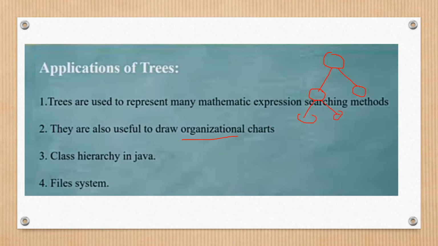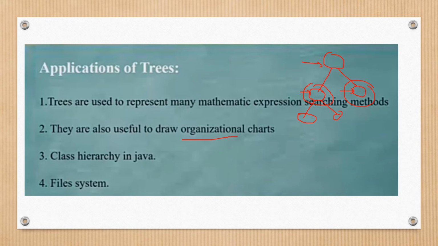Like this, we can represent an organizational chart. For example, if you take our college, first one is the correspondent, college correspondent. Next, principals, degree college or inter. Next, these are the staff under these principals. Like this, we can represent organizational data using these trees.